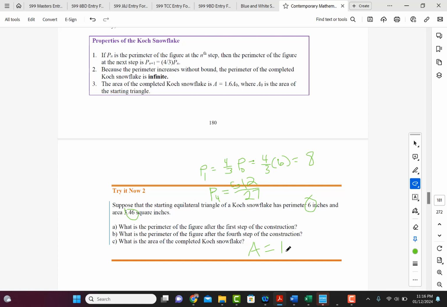So it'll be 1.6 times 3.46, whatever that turns out to be. Okay, that's where we'll stop.